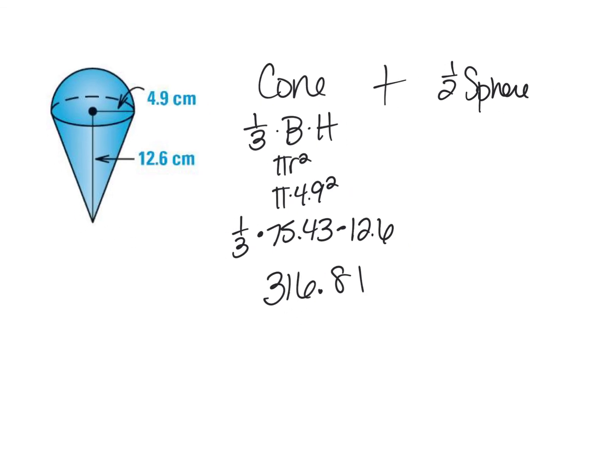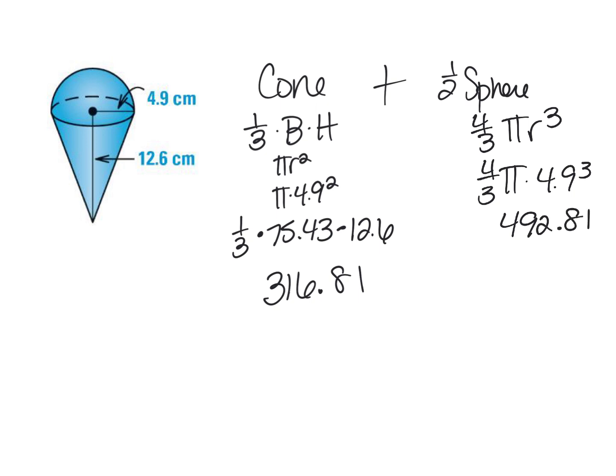Yay. Okay, now the half sphere. So the formula for a whole sphere is 4/3 pi r cubed. So plug in the radius, so that'd be 4/3 pi times 4.9 to the 3rd power. So I'm typing in my calculator, and that gives you 492.81.